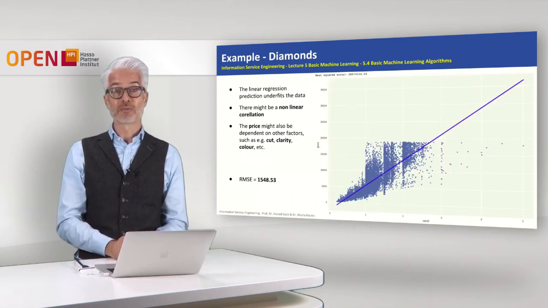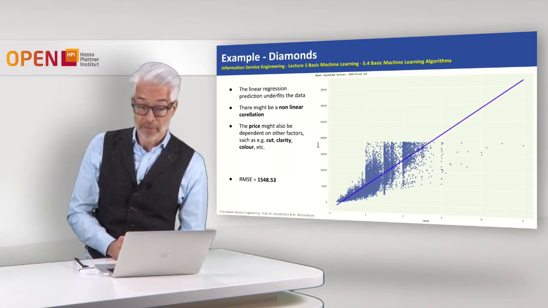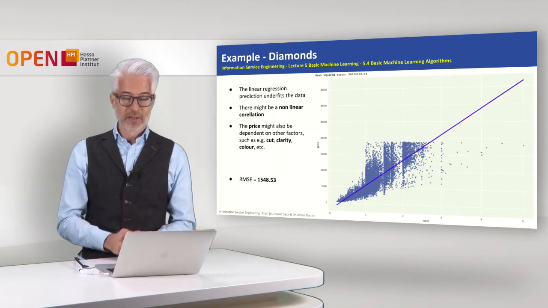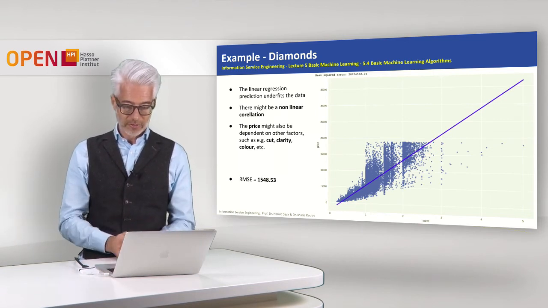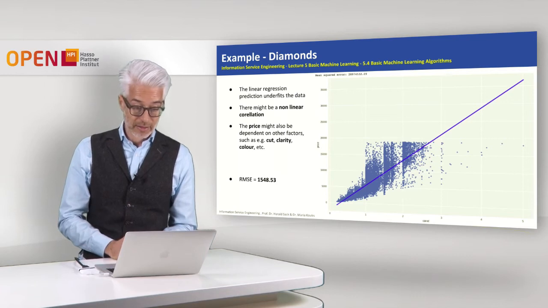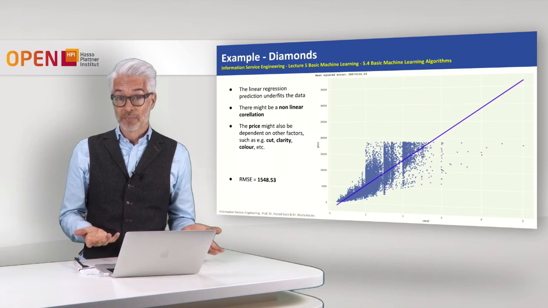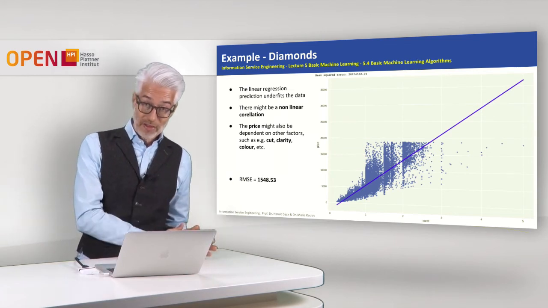For our example, what we see here, the root mean square error is about 1,500. Here it's dollars. What does it mean? It means that if we predict the price of a diamond based on its weight, for example, take a diamond of 2 karat, then the prediction would have an error of about $1,500 in the mean, or on average. Of course, this is much more important for the smaller stones than for the larger stones.